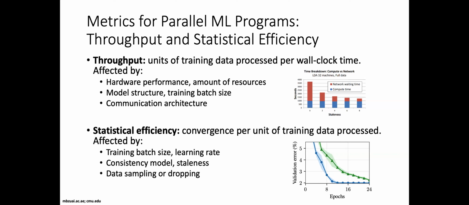It's also affected by more advanced parallelism techniques that make use of staleness or consistency models. You tend to see this more in high-speed CPU inference rather than GPUs. And if you're applying things like quantization, sparsification, dropout, or data sampling, it's also going to affect your stat efficiency. So this intersects between the systems and the machine learning program and algorithm.